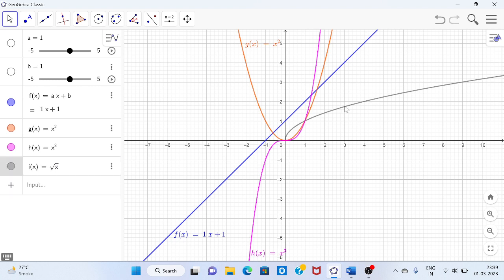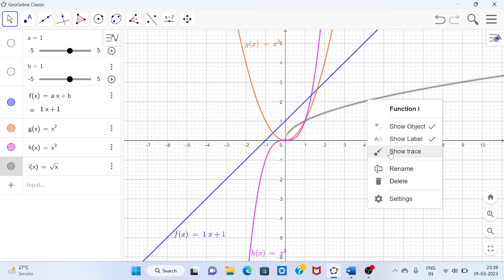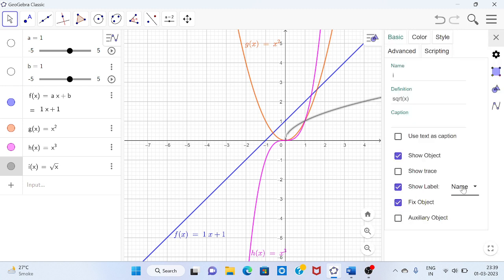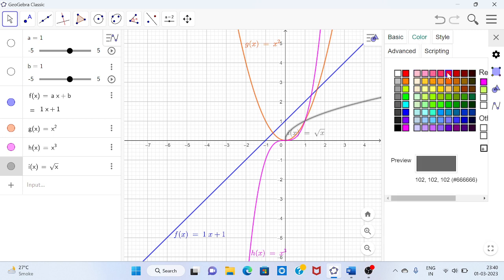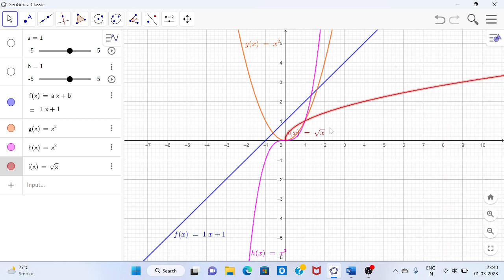We have seen that the square root function will always lie on the positive side, so it is completely on the positive side of both the x as well as y axis. Let's change the label. Right click on it, move to settings, label, name and value. Let's change the color also of this one. All right, so this is our I of x.